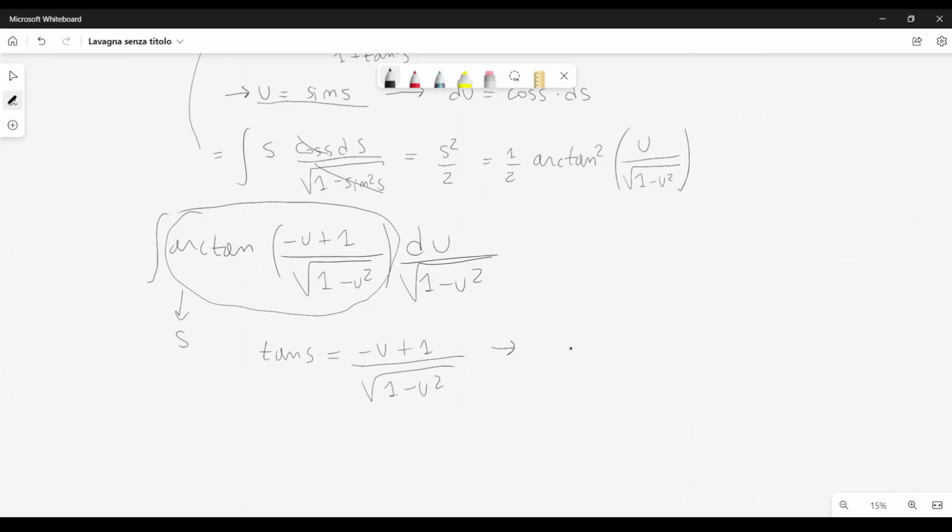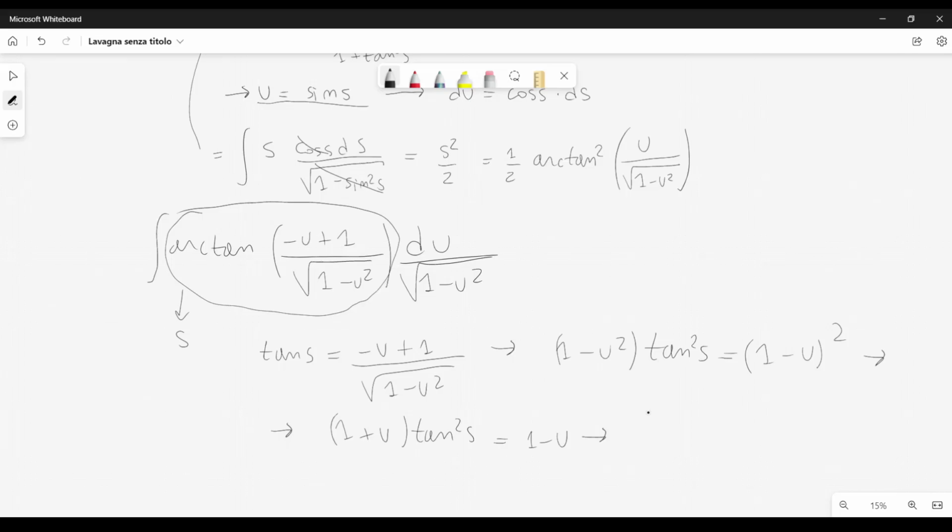And from here, if you take the square of this, you get tangent squared s equal to 1 minus u squared over... if you simplify a little bit, you get 1 plus u times tangent squared of s equal to 1 minus u.